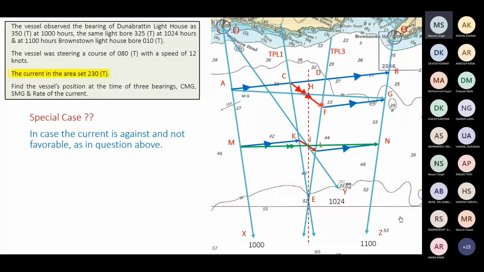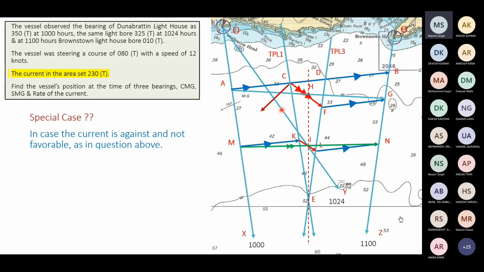The current also has a easterly component. So basically the current is favoring the ship. But let's assume that in a particular question, the set of the current which is given is against the course steered. Something like this. You see this vector here? Let's say the current is given to you like this.